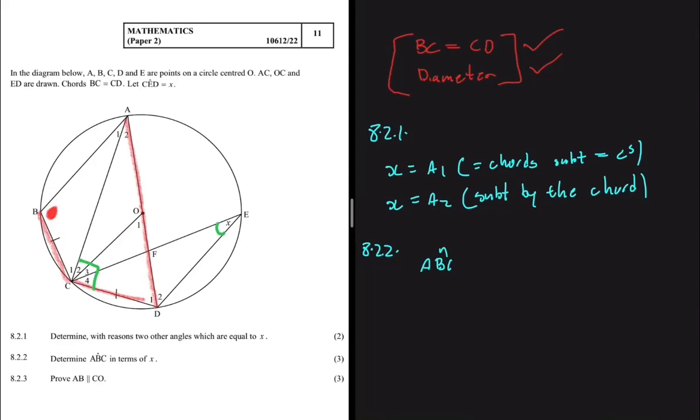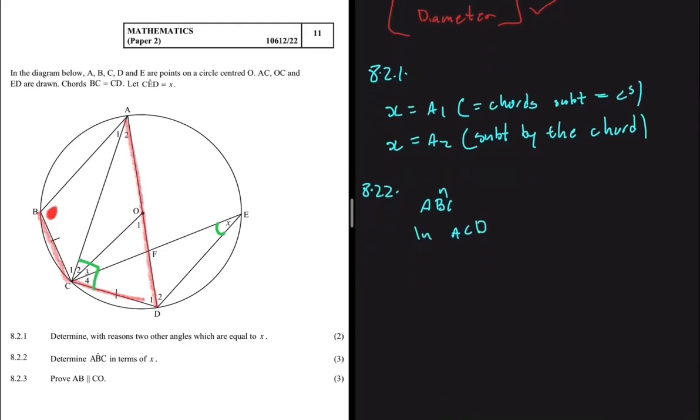Let's regard triangle ACD. In triangle ACD, A2 is x. So A2 plus this angle, which is 90 degrees, plus angle ACD plus D1 should be equal to 180 degrees, the sum of angles in a triangle. So now we have A2 is x, and then angle ACD is 90 degrees.